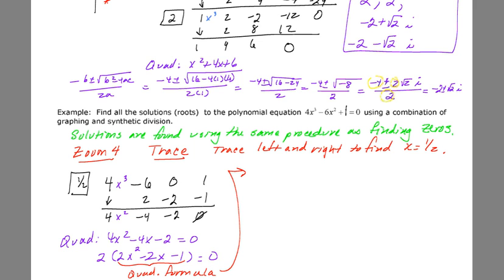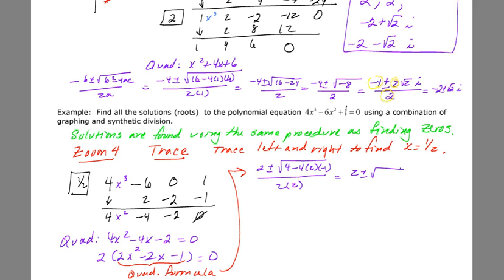I'll bring it up here. So it'll be 2 plus or minus the square root, negative b plus or minus the square root of b squared minus 4 times a times c all over 2 times a. And notice I'm just using the smaller values here, the quadratic, after I factored out the 2.